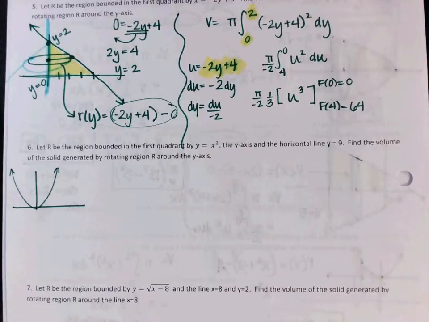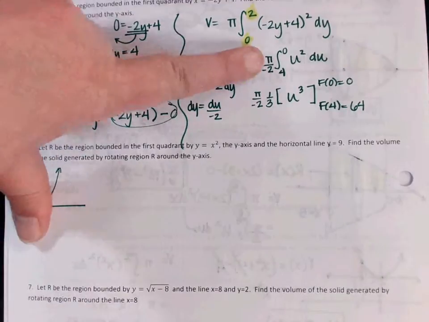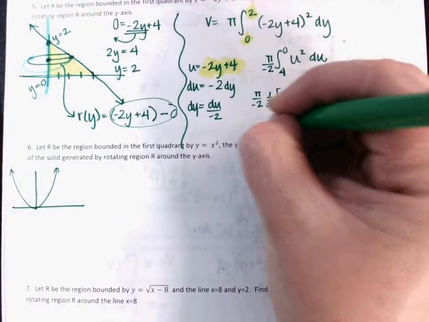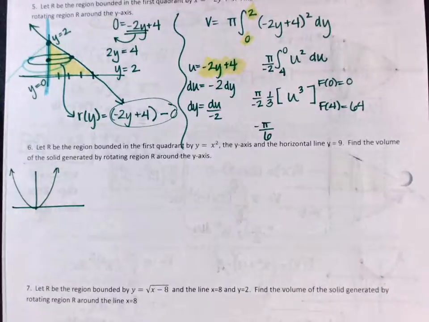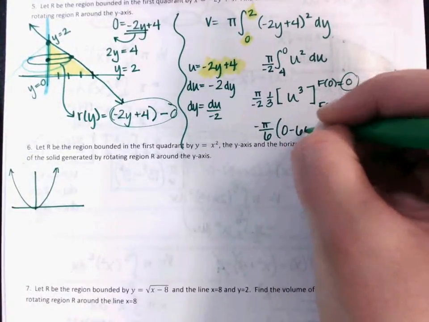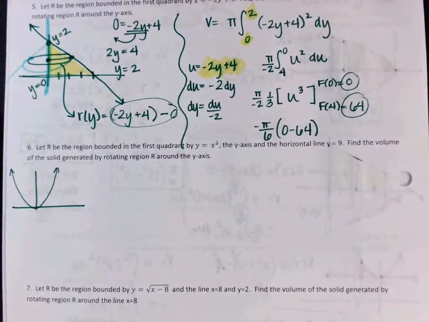So if you want to, you can flip it and take this negative out early, or you can just leave it alone and it works itself out. So I'd have negative pi over 6 in the front, and then 0 minus 64 comes out to be a negative 64. The negatives take care of themselves.